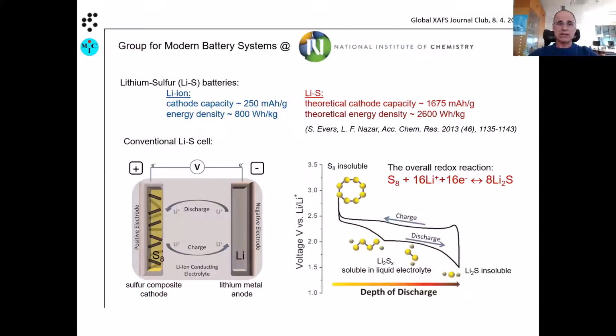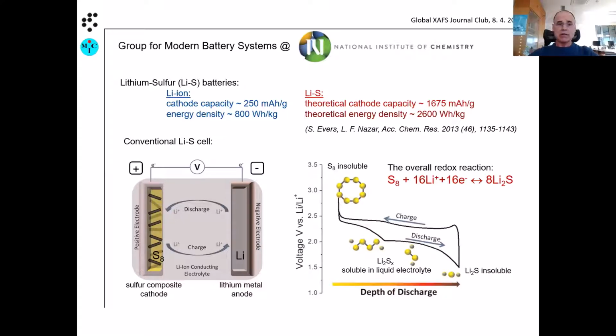It was a logical step for us to move to batteries. All the work we have done and are doing on the battery samples is in a very nice collaboration with the group for modern battery systems at our National Institute of Chemistry, and they were actually the reason for us to move in that direction, because they work on this and other advanced, new generation battery systems.